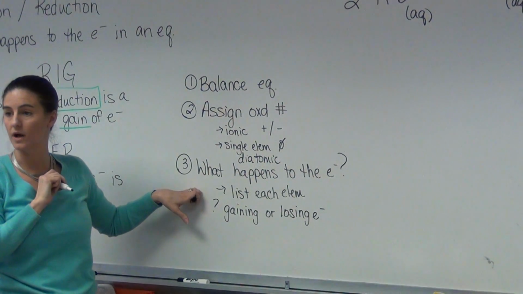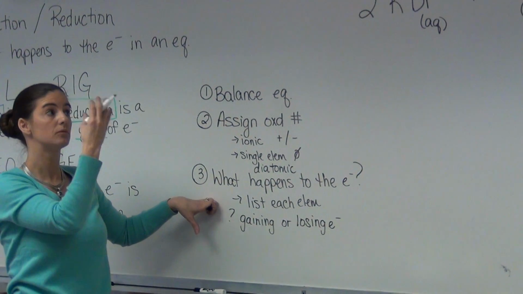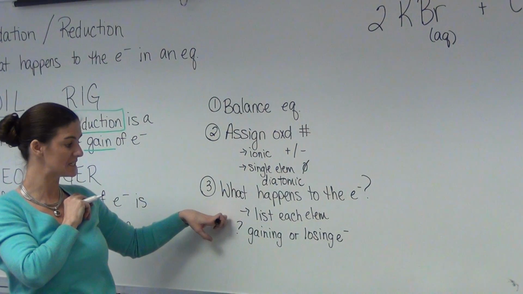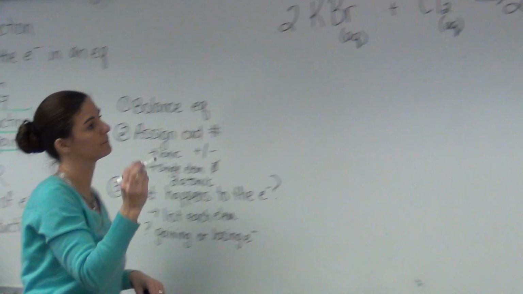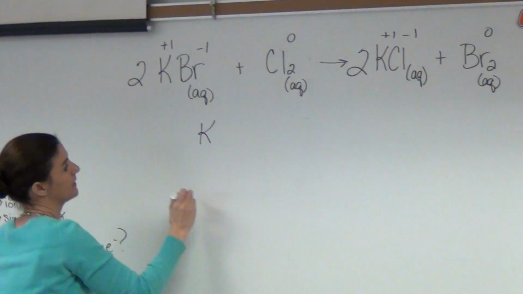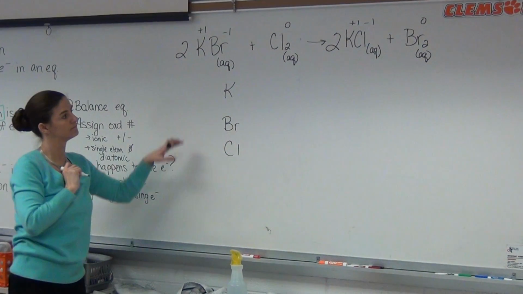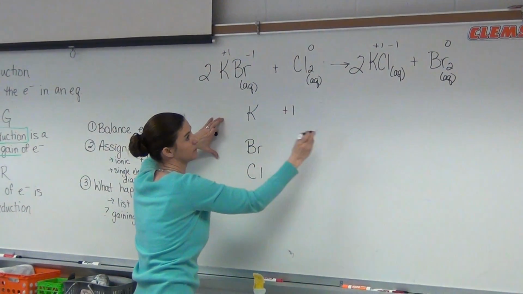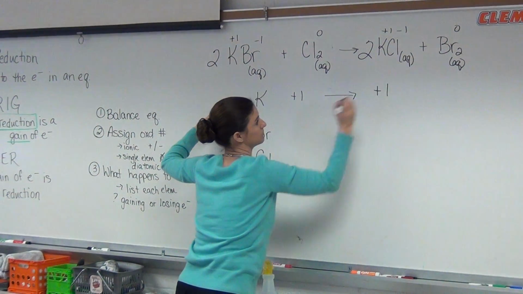Now we're going to ask the question, what's happening with the electrons from reactant side to product side? So list each element and then determine if it's gaining or losing. We're going to list our elements, K, Br, and Cl. Charge goes from a +1 all the way over to a +1.